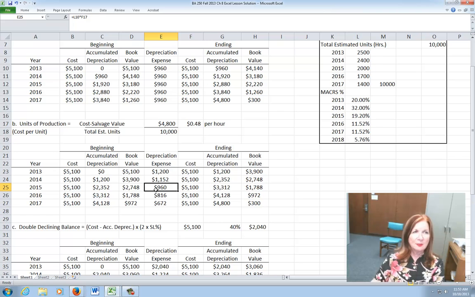Now we need the depreciation expense, and this is year 15. So year 15's hours are 2,000 up here in L10, and the cost per hour is still in F17, so it's L10 times F17, number of hours times cost per hour to get the total depreciation for that year.